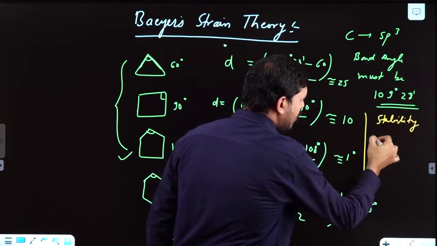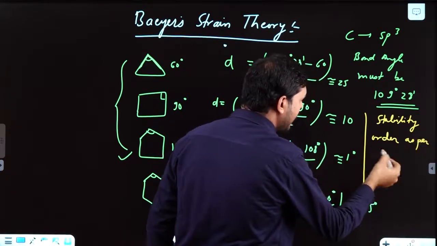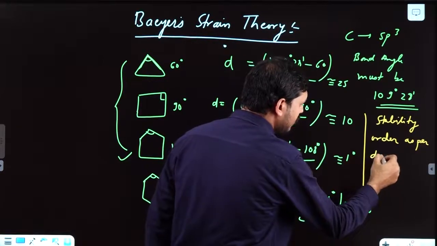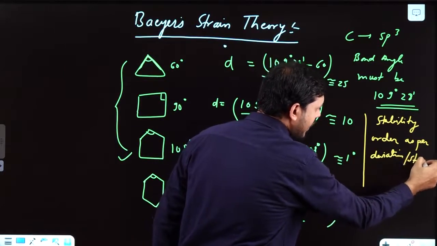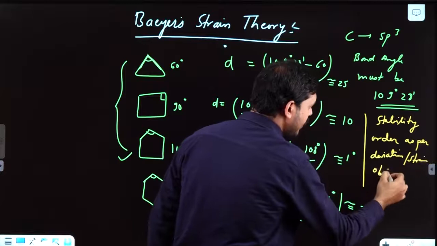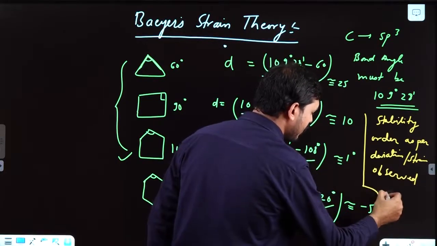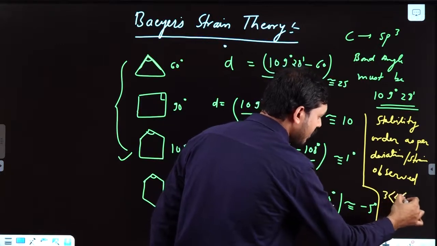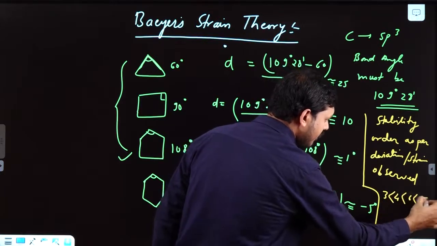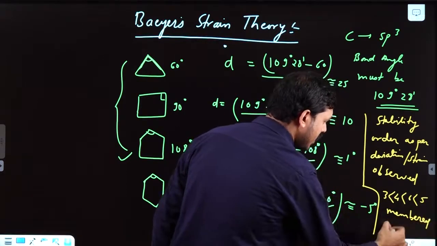Stability order as per deviation and strain observed: what can we say? The 3-member ring is least stable, then 4-member, then 6-member, then 5-membered rings.